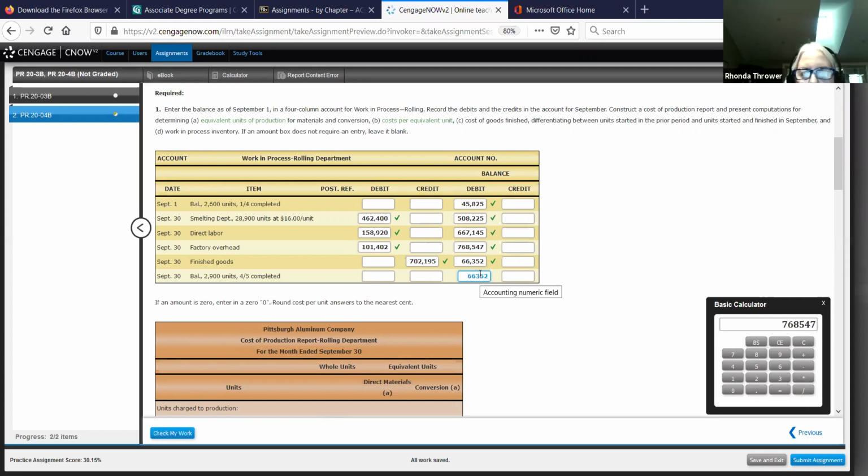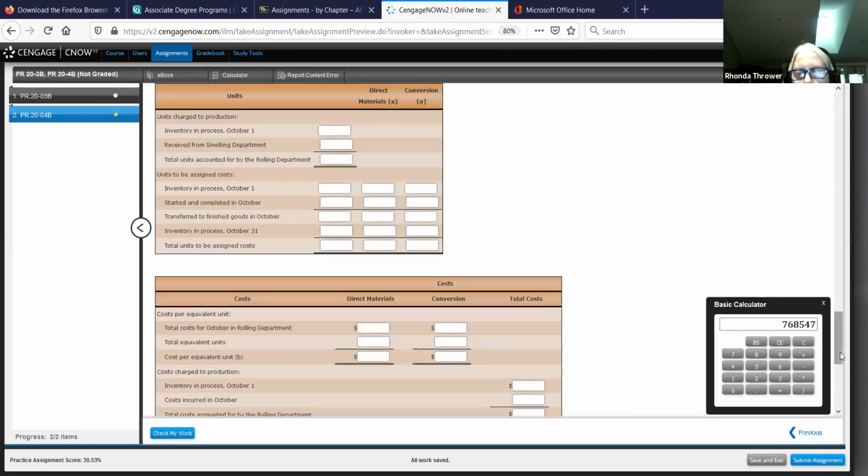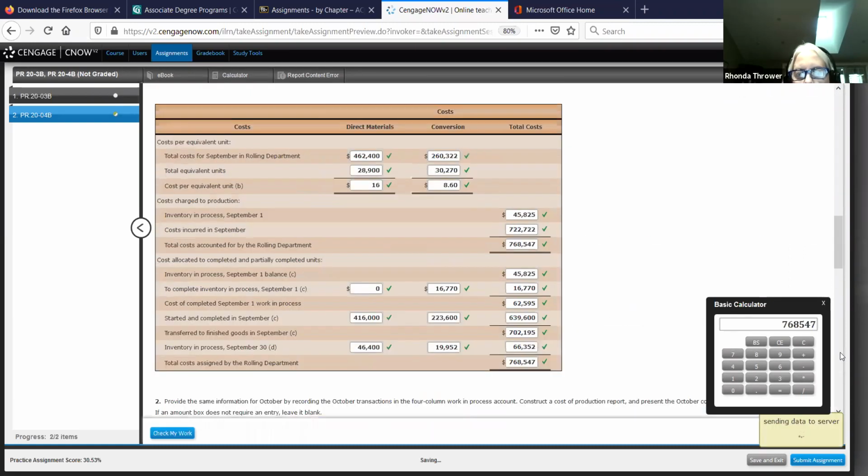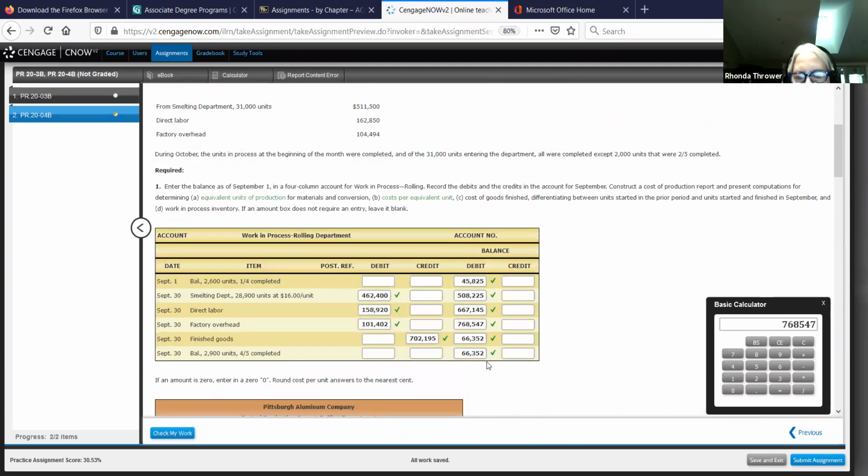So I wasn't real happy with the way they presented that because I think it's a little bit confusing, and it's not really necessary to have this in here twice. You should know that this is the ending balance. I think they just wanted to reiterate that this is going forward into the new accounting period.